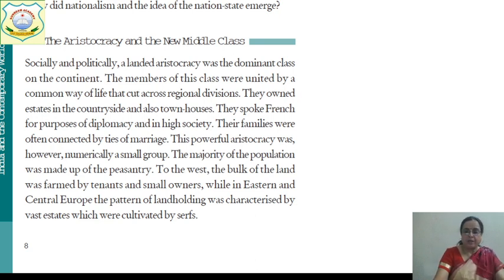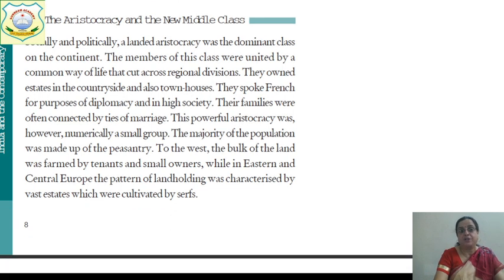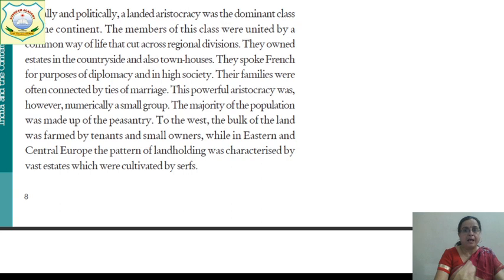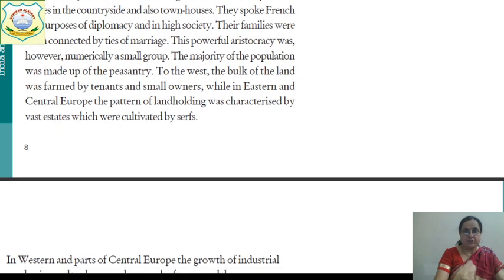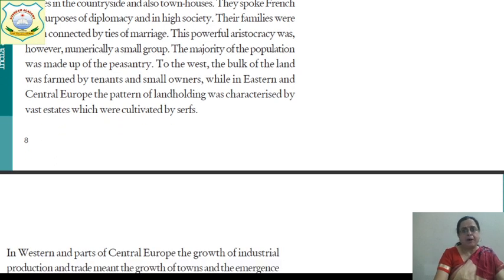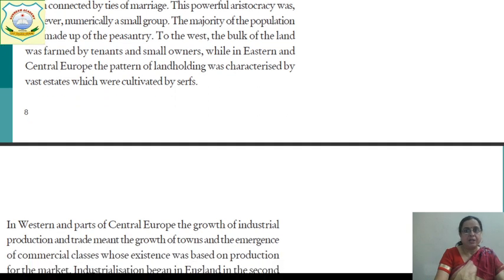The aristocratic class spoke French for purposes of diplomacy and in high society, and their families were often connected by ties of marriage. This powerful aristocracy was, however, numerically a very small group, meaning the population was very small.